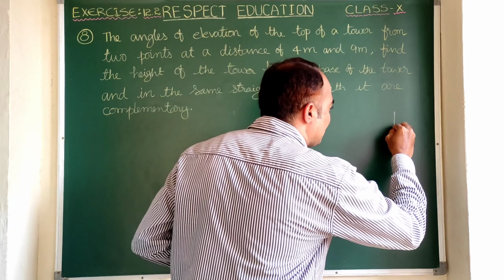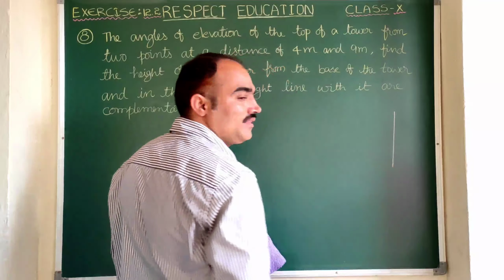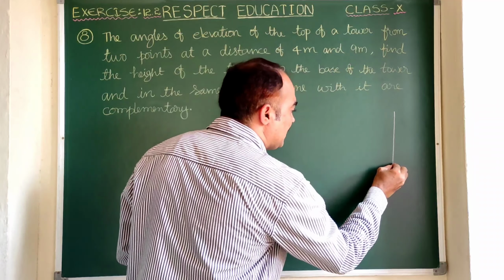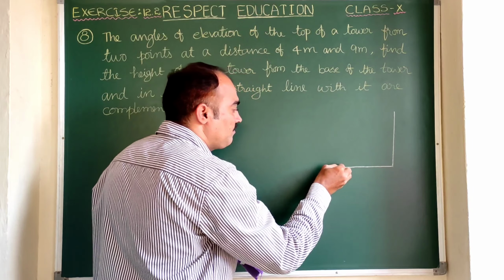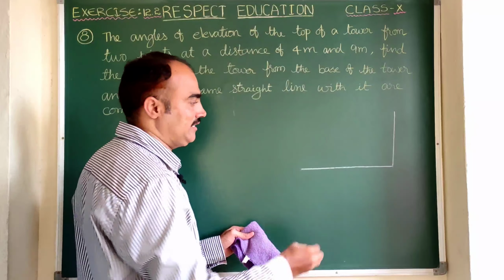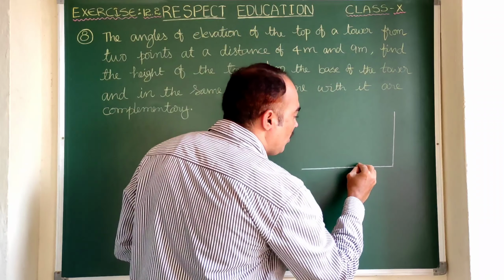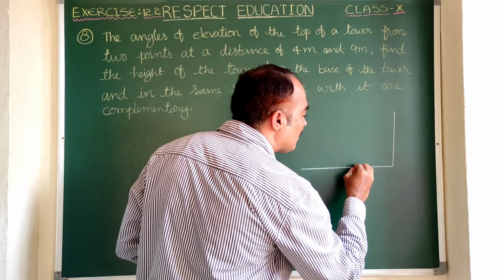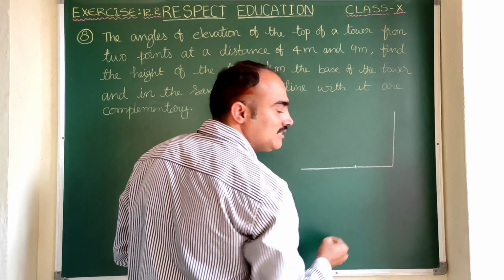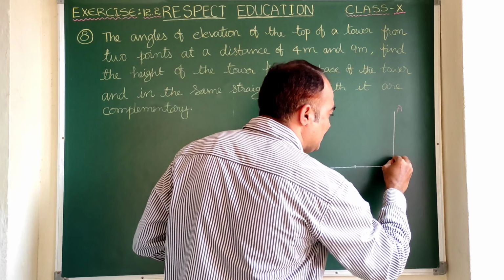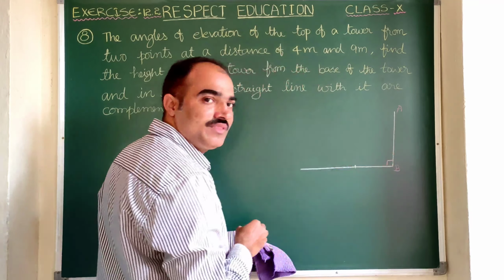Here is a tower, right? So the tower stands on earth. Now there are 2 points on the same straight line. One point is 4 meter far away from the base. For example, let AB be the tower, whereas B is its base.